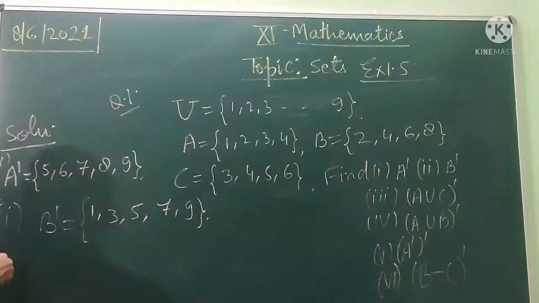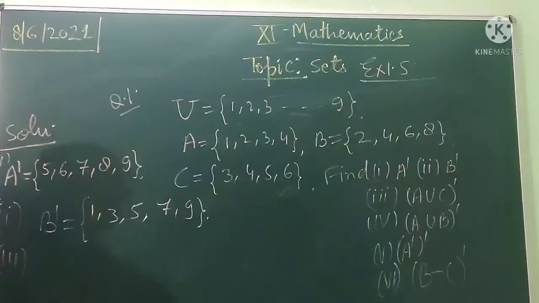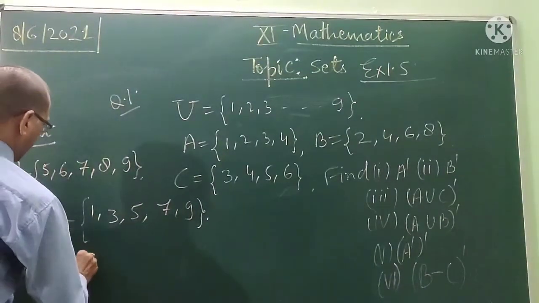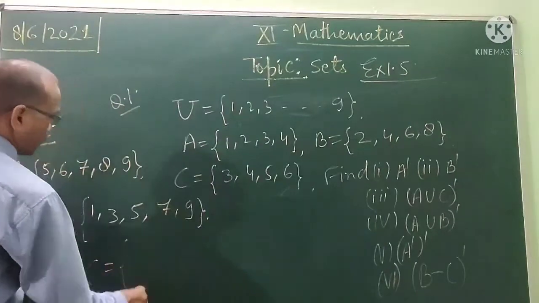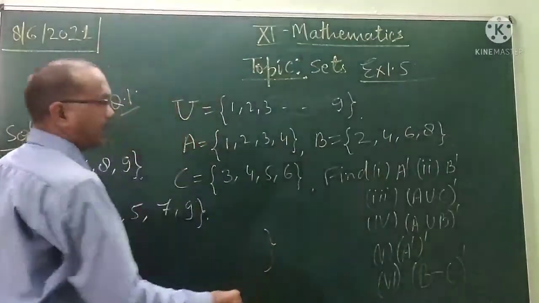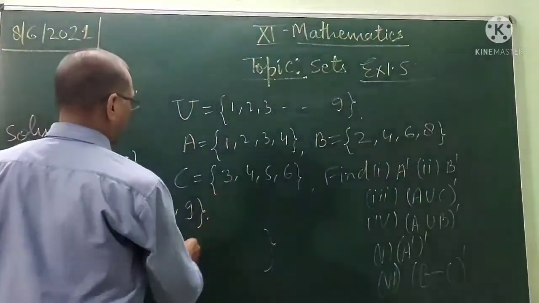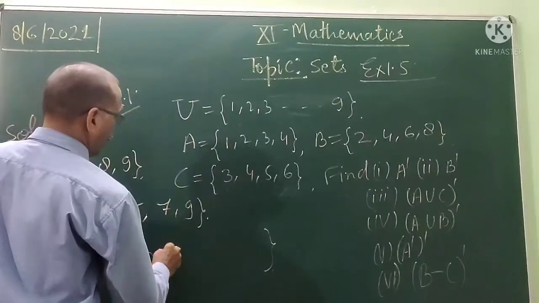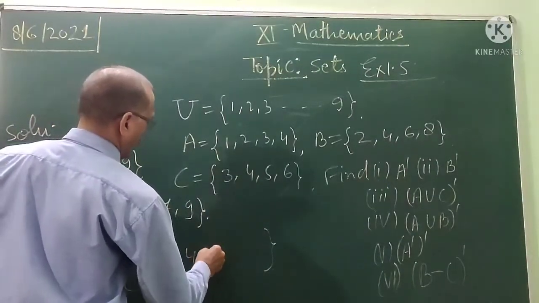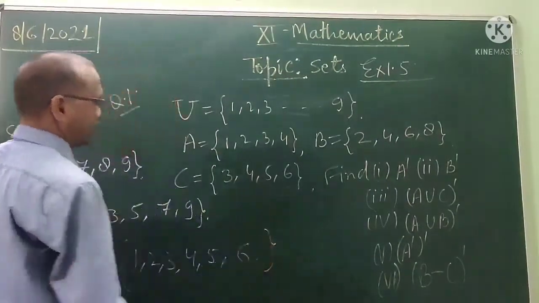Now in the third part, we need A union C. So there are the elements that belong either to set A or to set C. So it is 1, 2, 3, 4, 5 and 6.